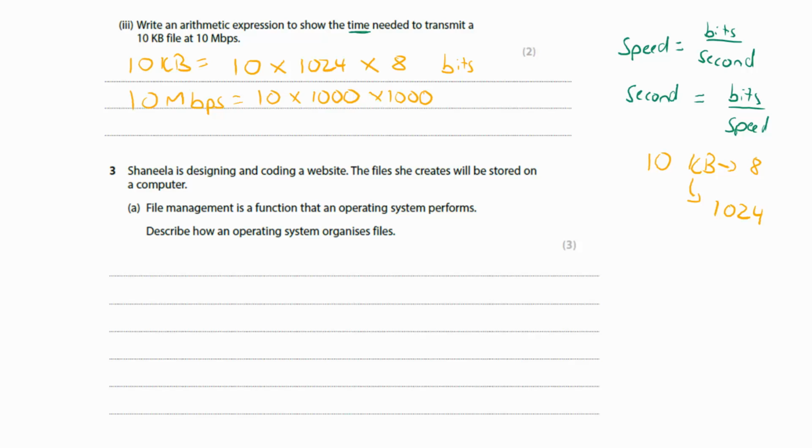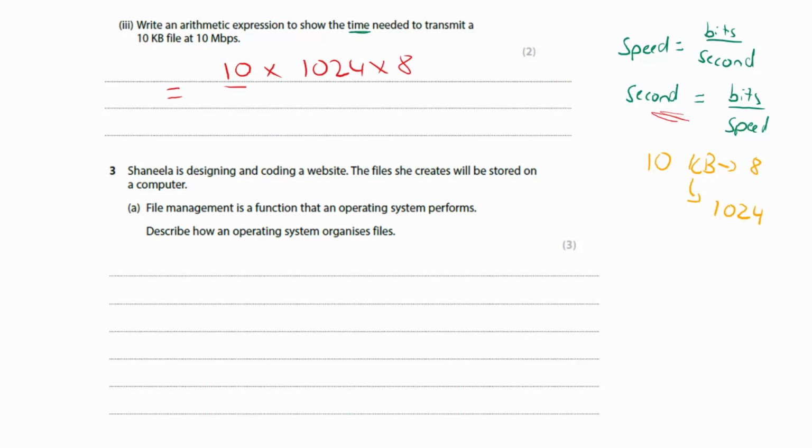Now we have to plug it into our formula. Using this equation, we're going to write the bits on the top. What we just worked out was 10 times 1024 times 8, over 10 times 1,000 times 1,000. You could leave it like this, or you could tidy it up, but you want to make your life easier in a non-calculator exam.